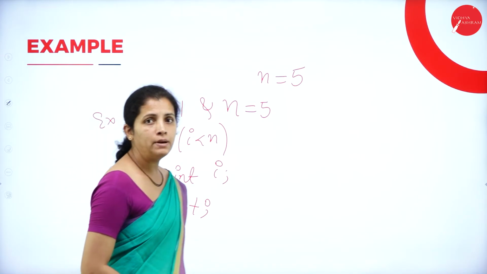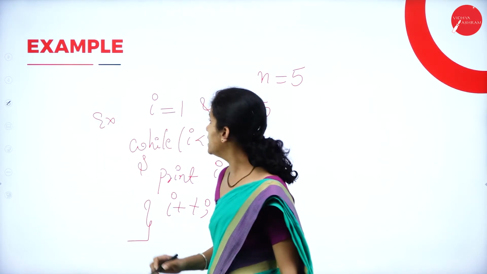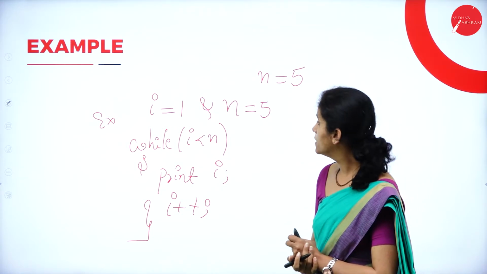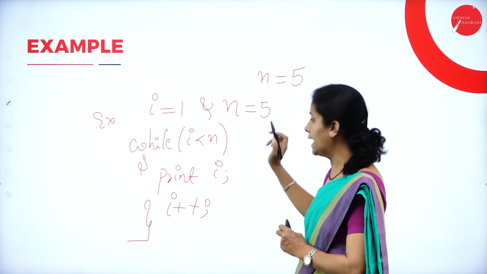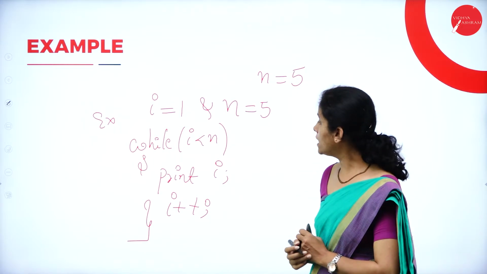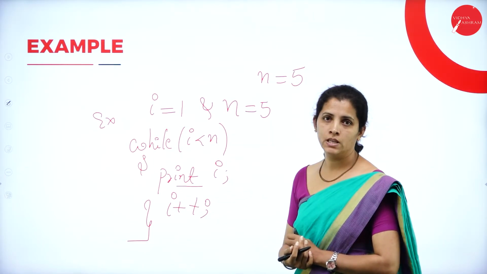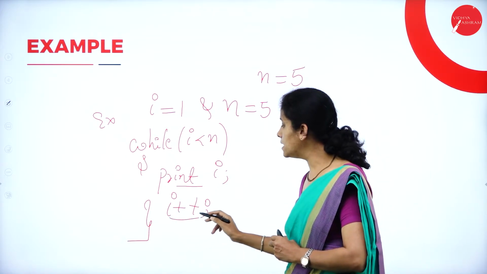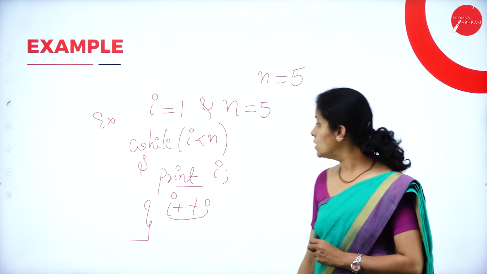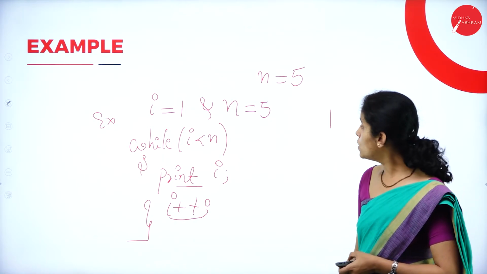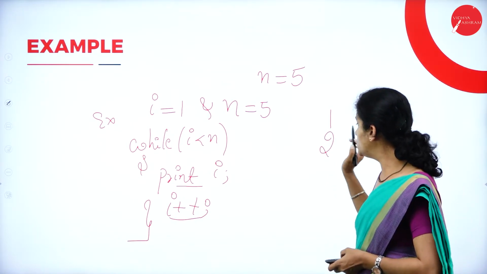Now, for example, think that, dear student, here my i value is 1. 1 less than n, it is true. So, I'm going to print i, that is 1. Now, i is incremented by 1. Now, i is 2. 2 less than n, it is true. So, I'm going to display 2.